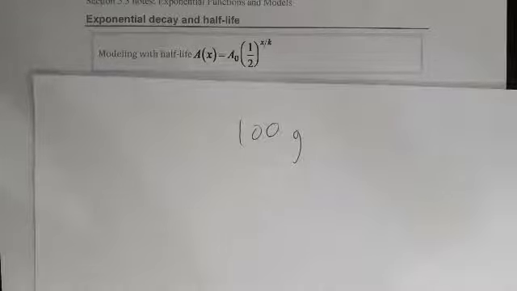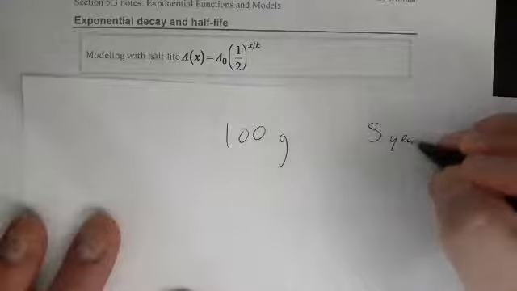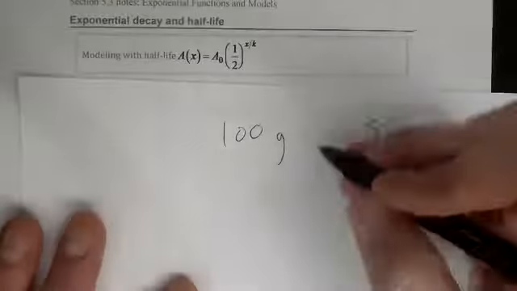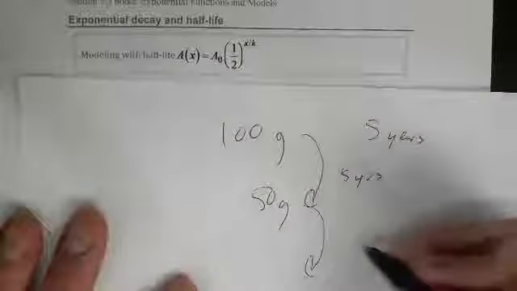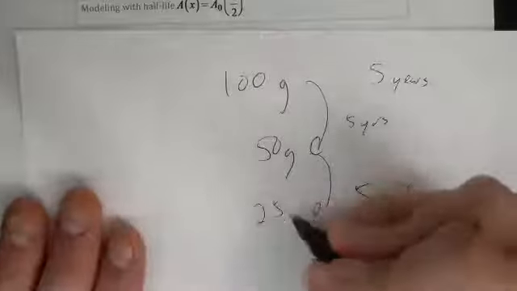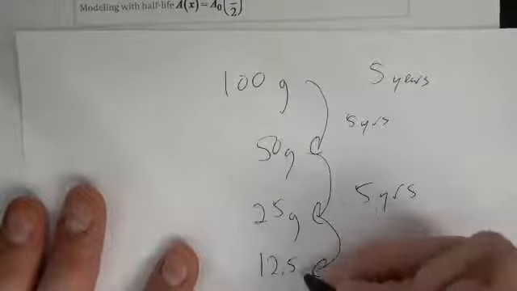So if we start off in grams, and I tell you every 5 years is the half-life, what does that mean? After 5 years, this thing is going to go down to 50 grams. After another 5 years, it's going to go down to 25 grams. After another 5 years, it's going to go down to 12.5 grams, right?